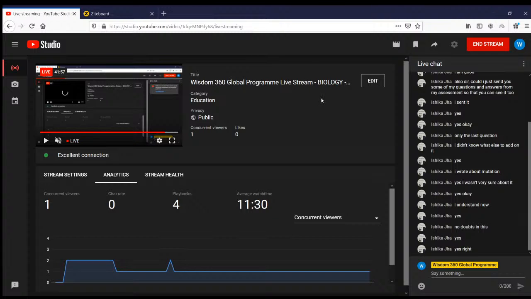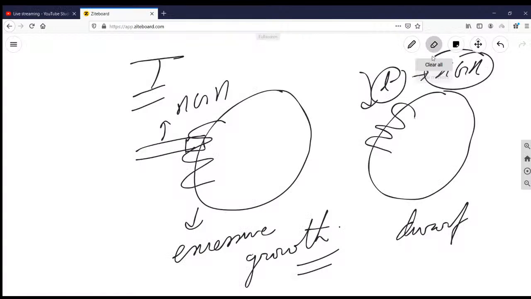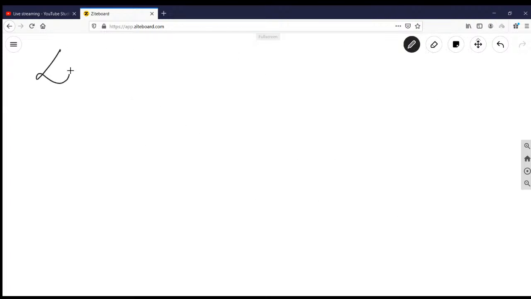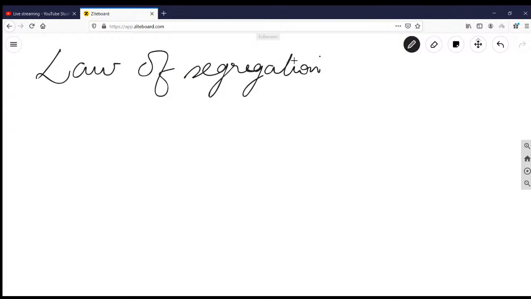Then we move on to law of segregation, second law.